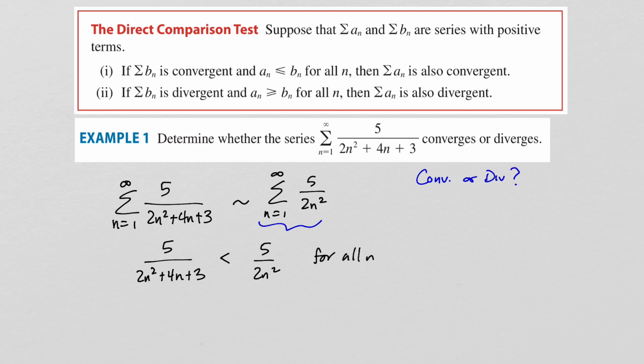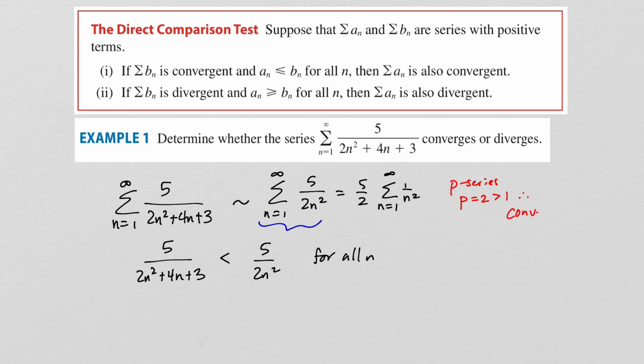Well, this series is equal to 5 halves times the summation n equals 1 to infinity of 1 over n squared. And we know what this series does because this is a p series, and it's a p series with p equals 2, and 2 is bigger than 1.